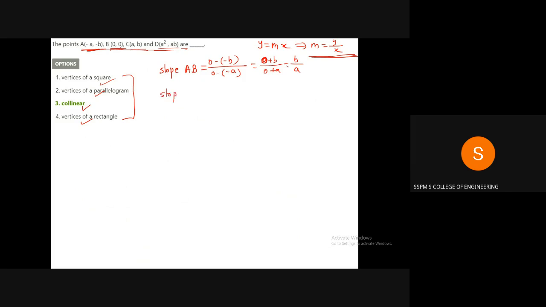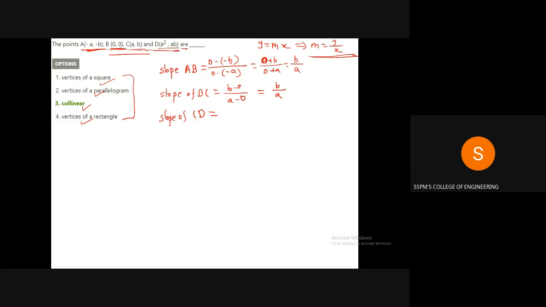Again, what is the slope of BC? Slope of BC is equal to, now this is B and C, so B minus 0 divided by A minus 0. It is again B by A. Now for the slope of CD, C and D. What is the slope of CD?